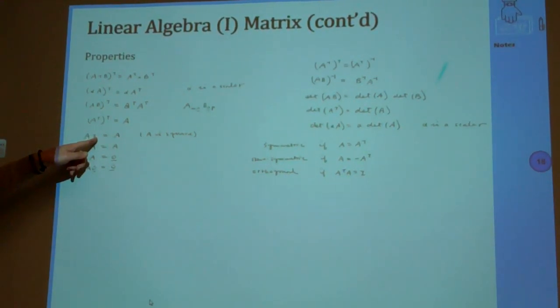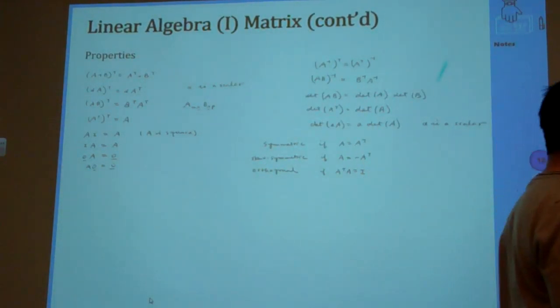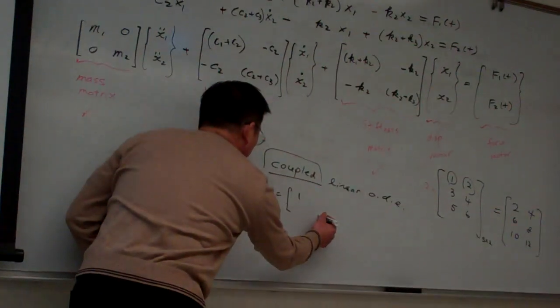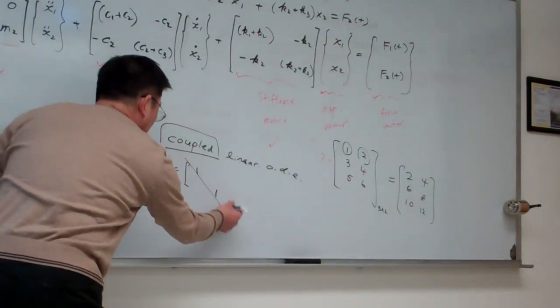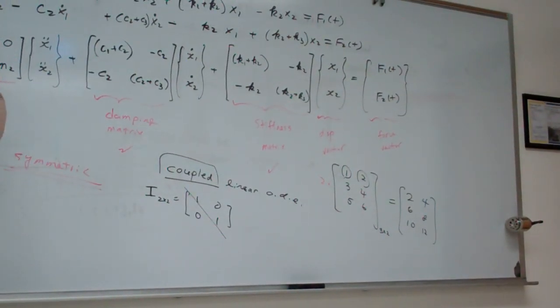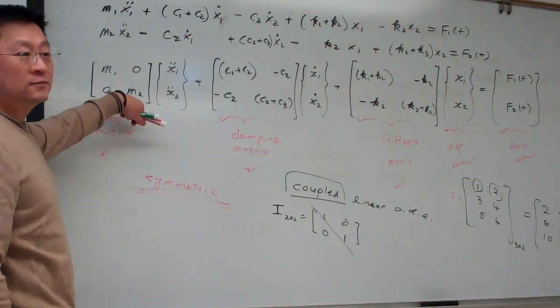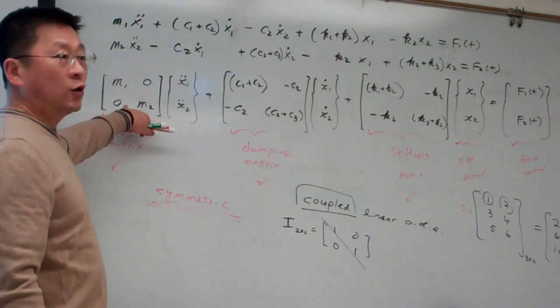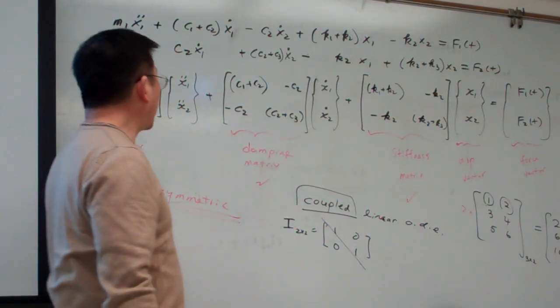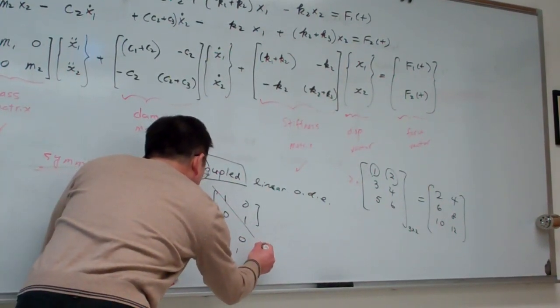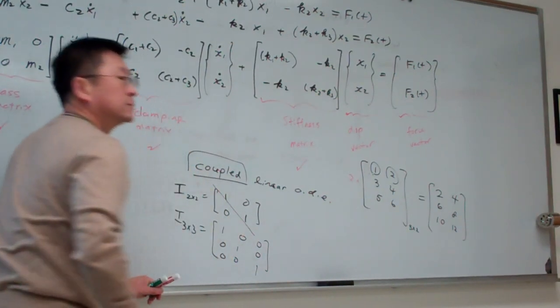I is called the identity matrix. For example, a 2 by 2 identity matrix has the element 1 on what we call the diagonal, and off the diagonal it equals 0. For example, the M matrix is always diagonal. Most of the time, for vibrations, the mass matrix is almost always diagonal. For a 3 by 3 identity, it is 1, 1, 1 on the diagonal and 0 elsewhere.